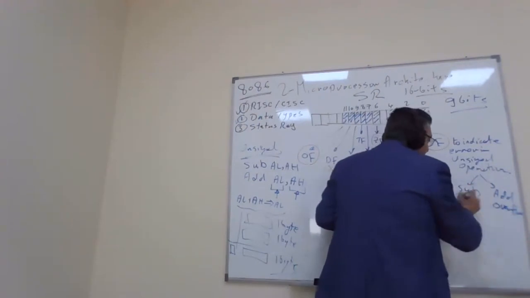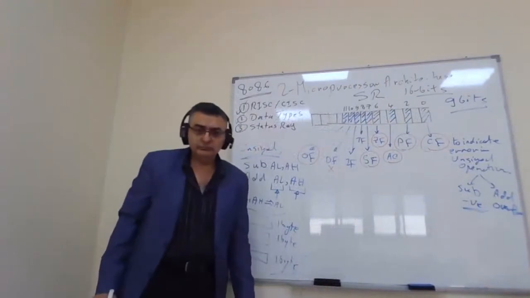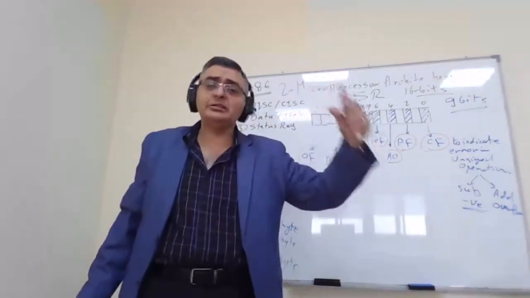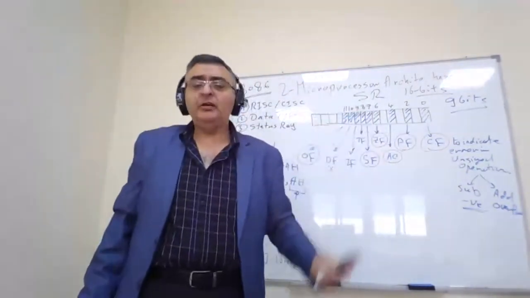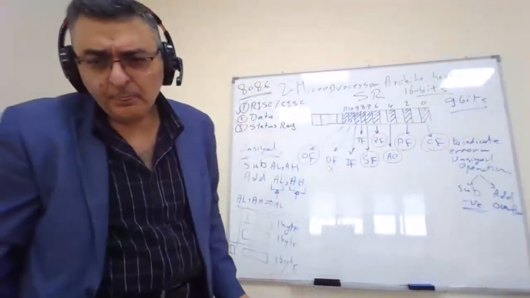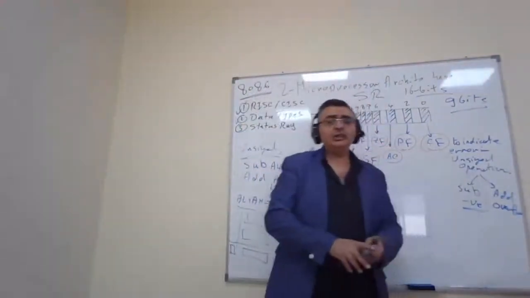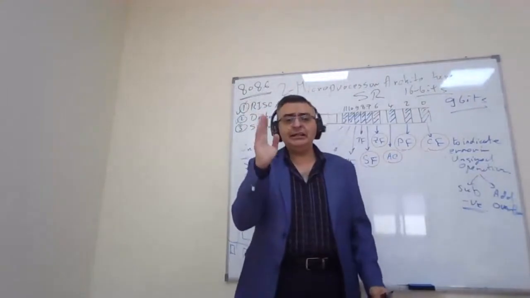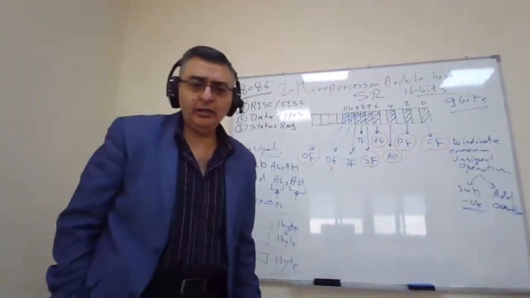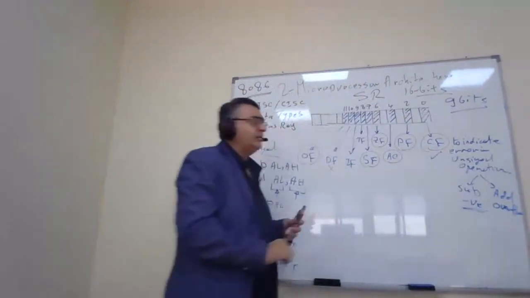If I'm doing subtract, it will indicate a negative result. So carry flag 1 means there is an error in the last unsigned operation: for addition, overflow; for subtraction, negative result. Exactly. The carry flag will be 1 to tell me there is a problem, and this problem is either overflow or a negative result. Agree? Make sense? Did we understand the carry flag? Let's move on to the next one.